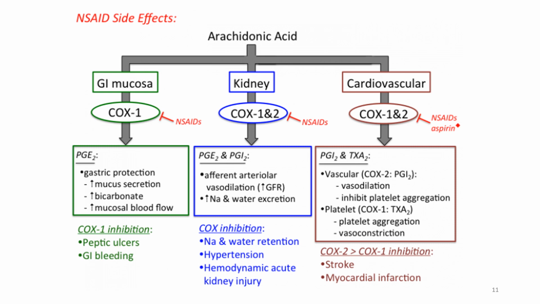And then again with 1 and 2, what you see is that water retention, some edema, okay, hypertension, and then that kidney injury because the flow is not working as though it should in our kidneys, okay? And then in the cardiovascular system, this is where we were talking about the stroke and the myocardial infarction because it's constricting everything that's in there.